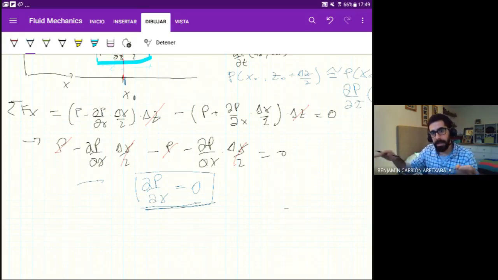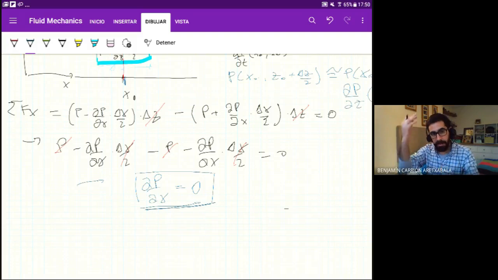So the gradient in the horizontal, if you move from one side to another, in a hydrostatic position, is 0. The gradient in pressure is 0. So the horizontal gradient in pressure is 0. We'll get to that later on, but this is one of the first conclusions.